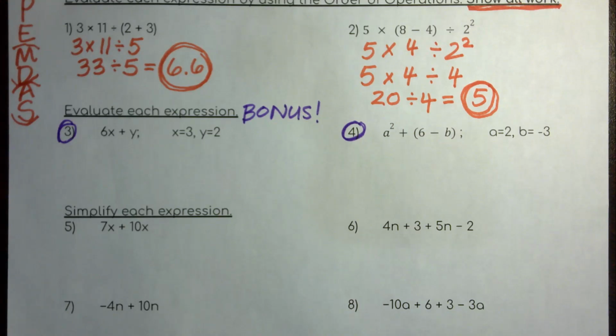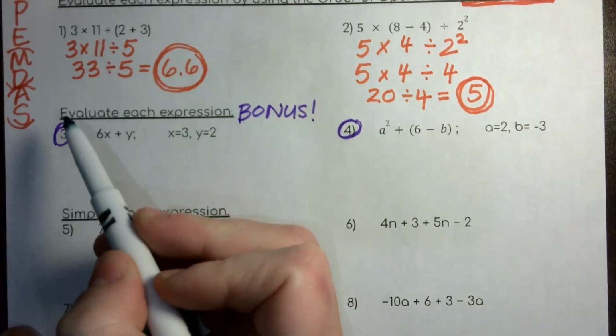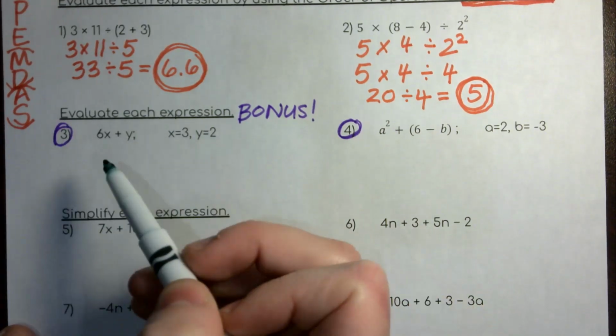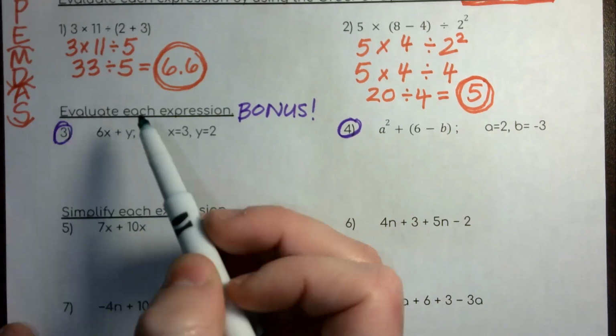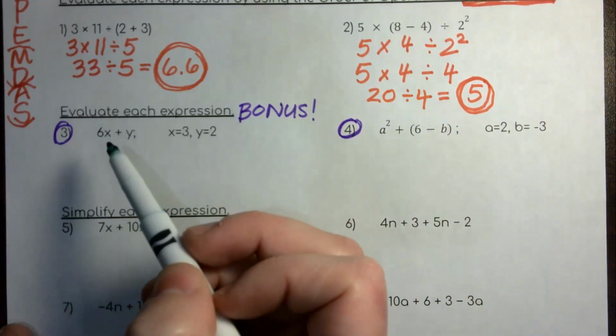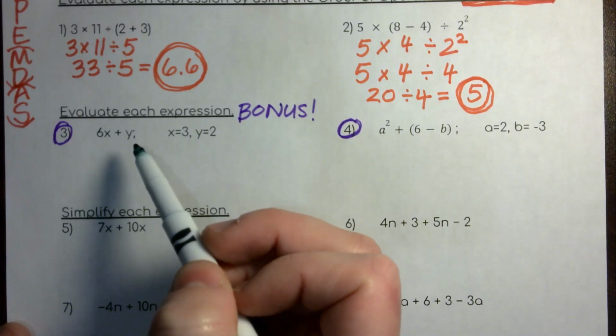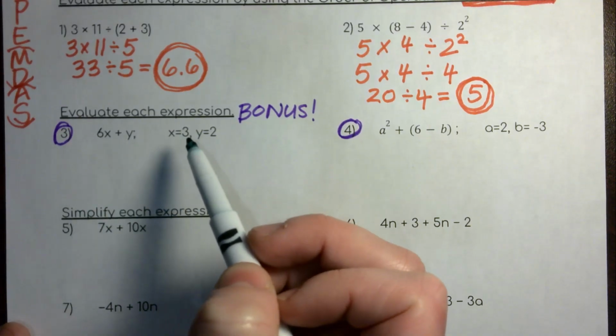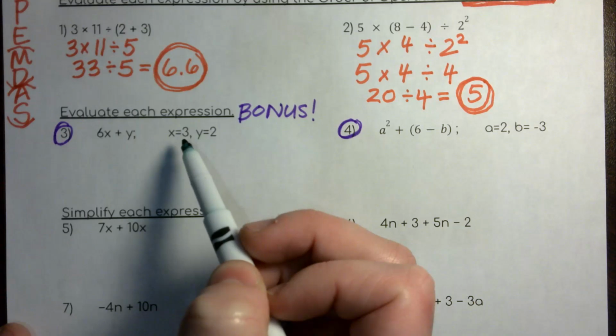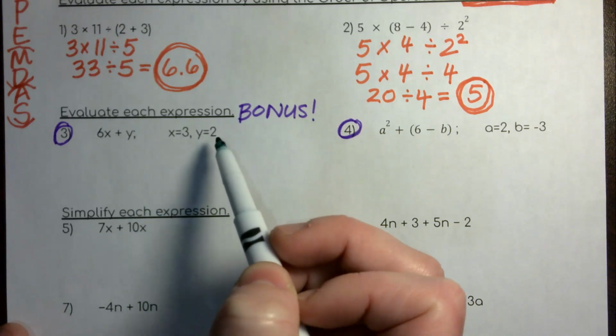So let's look at number 3. For this type of problem, it says to evaluate each expression. So we have 6x plus y. Over to the side, there's a little key that says x equals 3 and y equals 2.